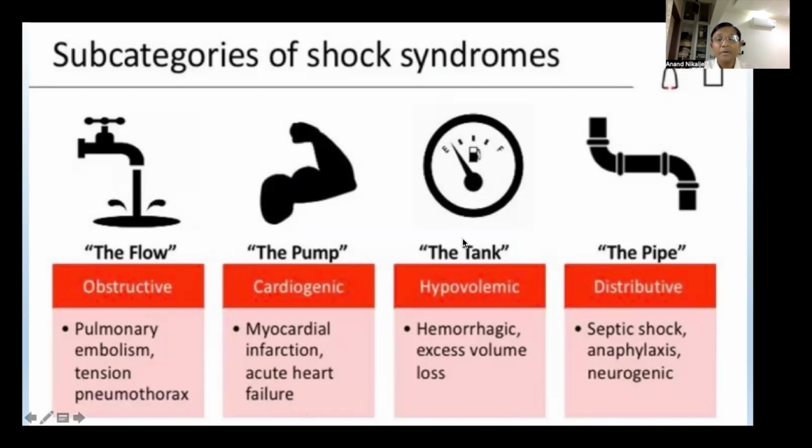Then, if your tank is not filled properly, there will be no output. So the tank has to be filled up properly. If the tank is not filled because of loss of volume or hemorrhage, you get hypovolemic shock. And if your pipe has a problem, like the pipe is more dilated or leaky, as in septic shock with capillary leak, you get a distributive kind of shock. So this is just to understand the basics of shock.